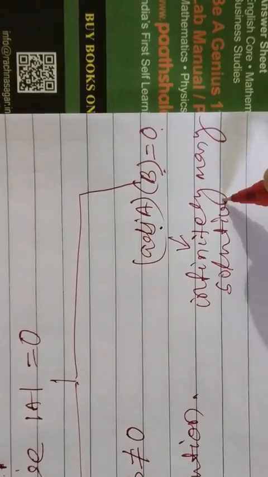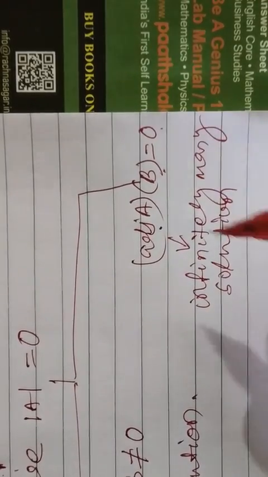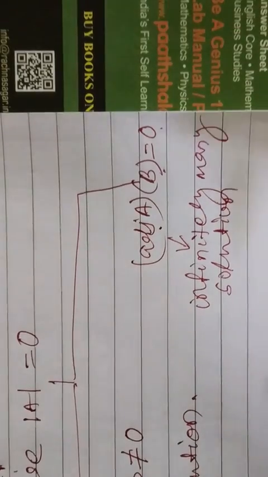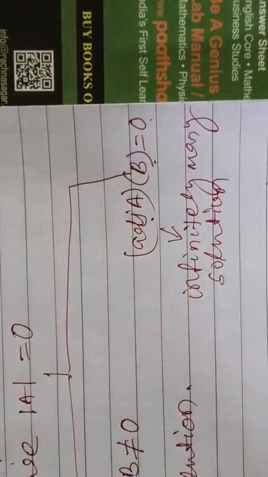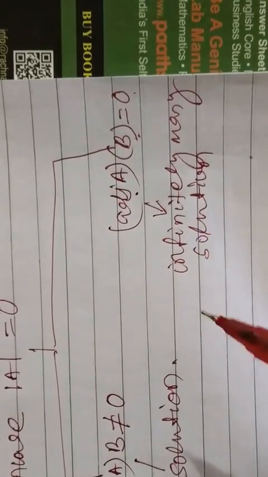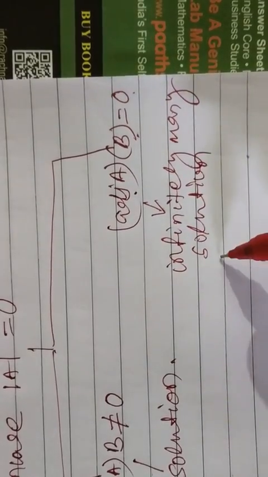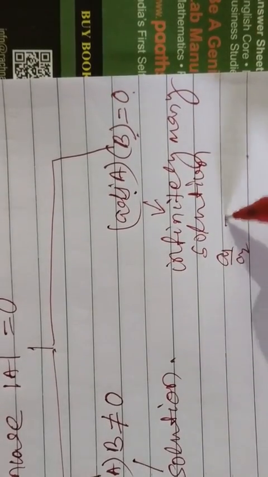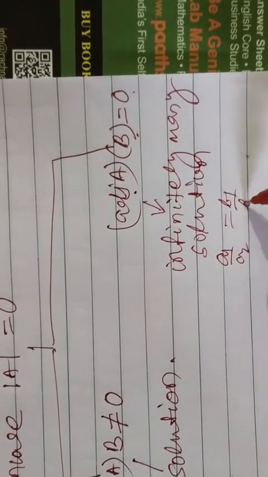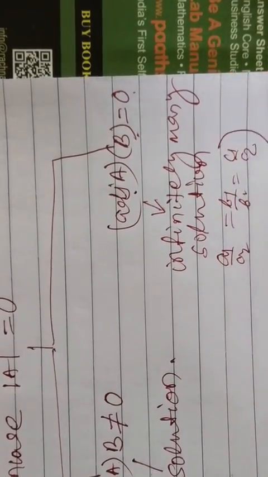And this is the situation you have read for two variables, where a system has infinitely many solutions when a1 by a2 is equal to b1 by b2 equal to c1 by c2.